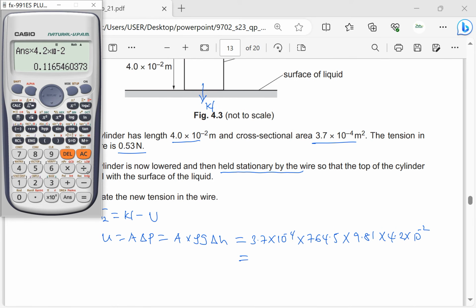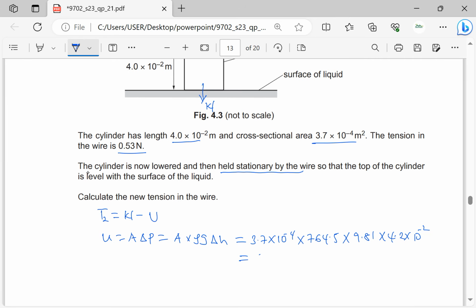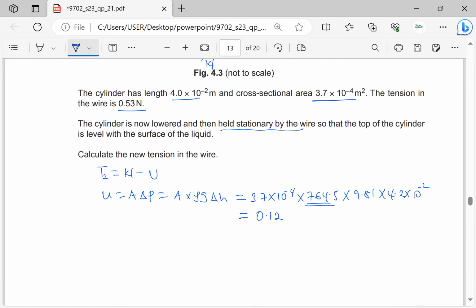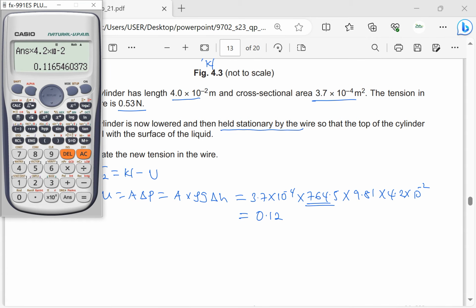So the upthrust is going to be 0.117 or 0.12. So I'll take this as 0.12. It's because I've used 764.5, so that is 0.12. If I round off, 0.12. Okay.